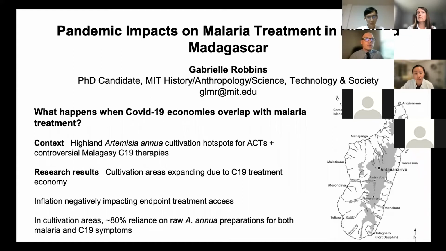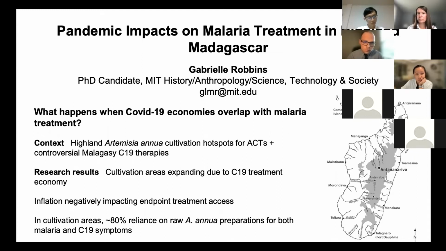I've been tracking how this industry and pandemic economic conditions, especially inflation, impact raw Artemisia annua consumption for both COVID-19 and malaria symptoms. What I found from about 100 interviews across 4 different villages around the southern highland city of Fianarantsoa is that something like 80% of my respondents have relied extensively on Artemisia teas and other raw preparations in these cultivation hotspots, largely outside of formal medical economies.